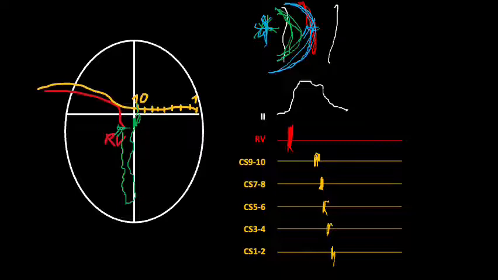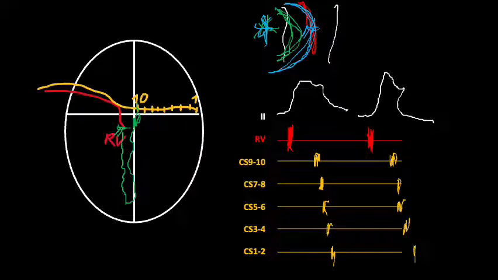So in this case, QRS complexes are narrower, and if there is no accessory pathway, just after the pacing, activation of the atria is much faster than in the patients with accessory pathway.